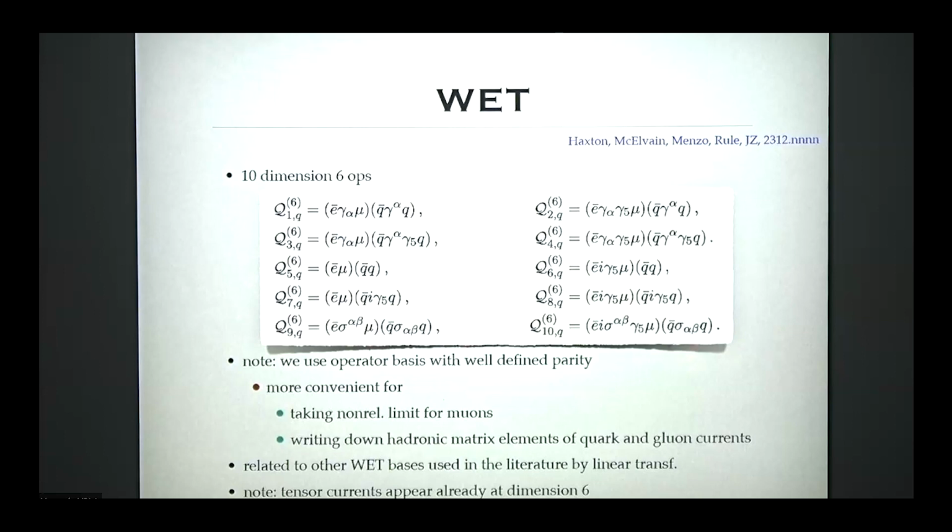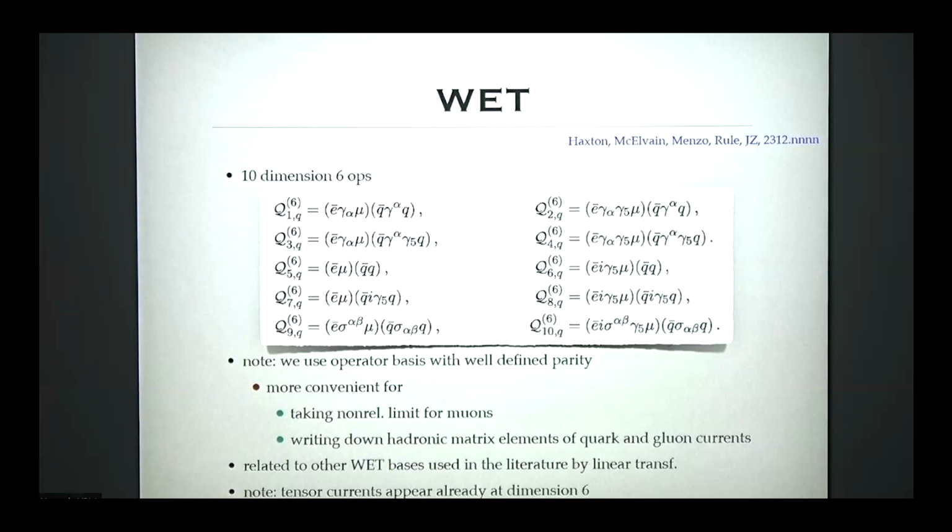So that's the 10. Now you see that if you were to work in SMEFT, you would not choose this basis because it's not left-right, but rather vector versus axial. The reason why we do this is, of course, that it has nice non-relativistic limits. To convert between the 2 bases is trivial. Now it's just linear combinations that you need to do. The same for the quarks, because it's much easier to write down hadronic matrix elements.